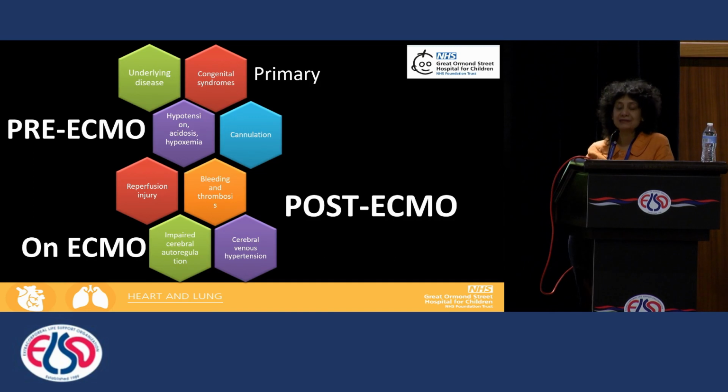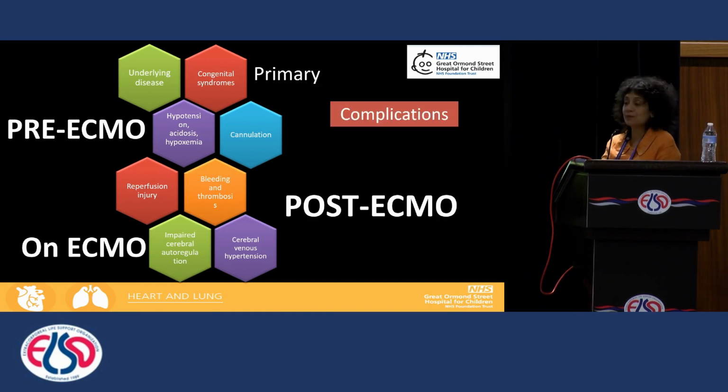There are multiple factors which are responsible for neurological complications, and these factors can be pre-ECMO, on ECMO, and even post-ECMO. Now, some of these we are unable to modify. It could be the congenital syndromes, the underlying disease, the way the child presents, pre-ECMO severe hypotension, acidosis, hypoxemia.